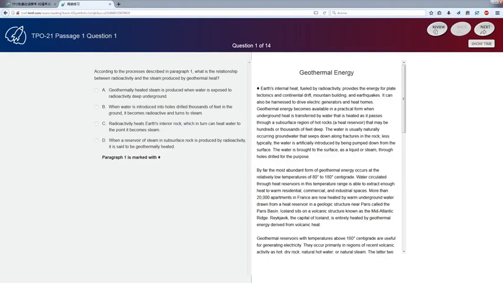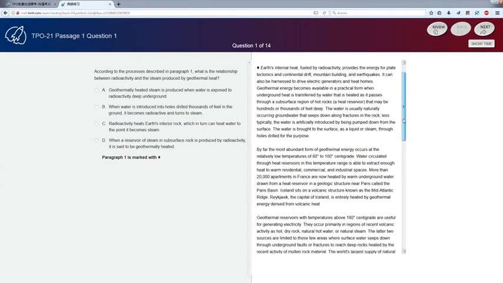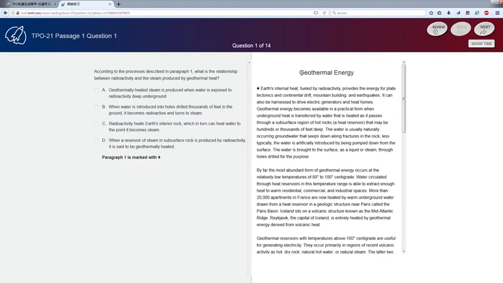So when you first have the passage, what you need to do is just skim. It's the first thing that you need to do. Believe me, first read the title, geothermal energy, and read the first sentence of each paragraph. So let's do it.